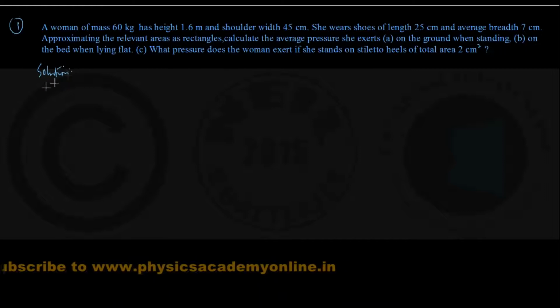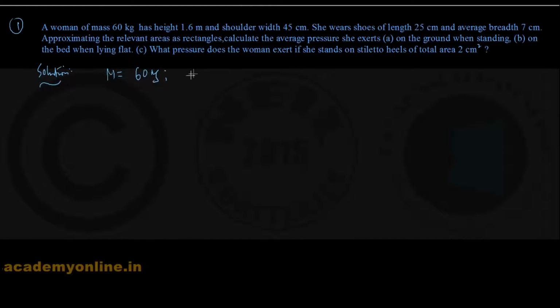So let us first write down the different informations given. First, the mass of the woman, M is equal to 60 kg. Height of the woman, H is equal to 1.6 meters. Her shoulder width, small w, is equal to 45 centimeters, that is 0.45 meter. We shall convert all the units into SI to avoid any future silly error.